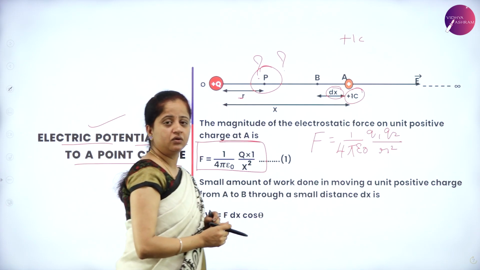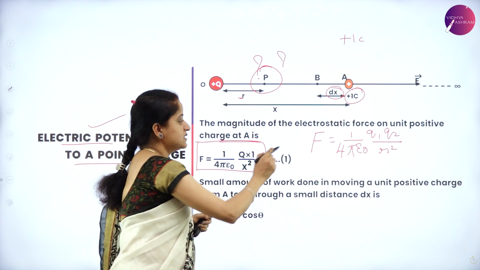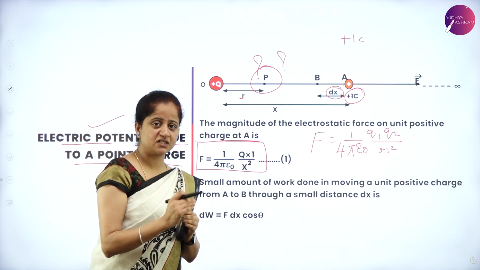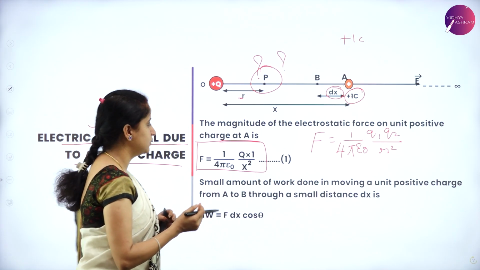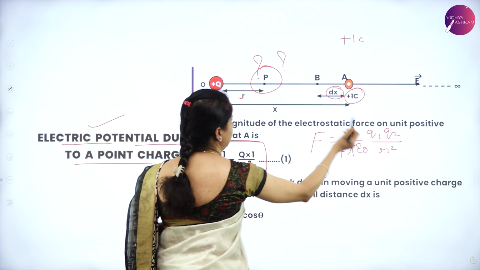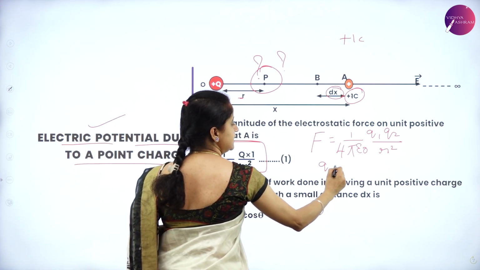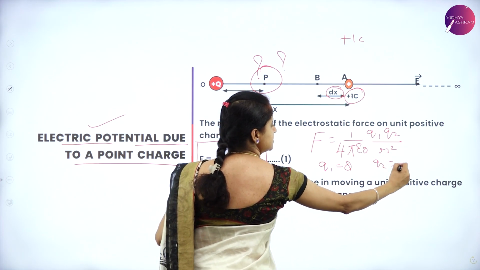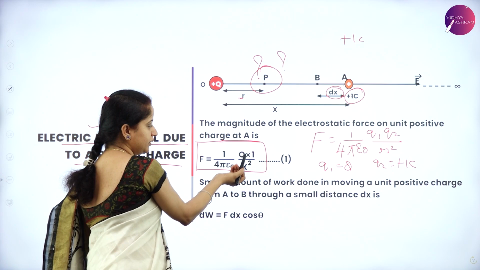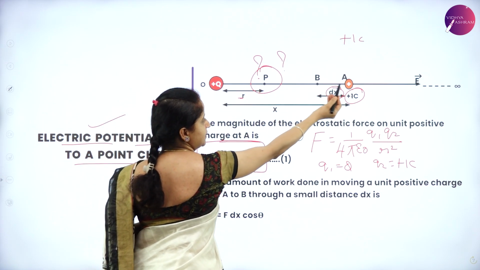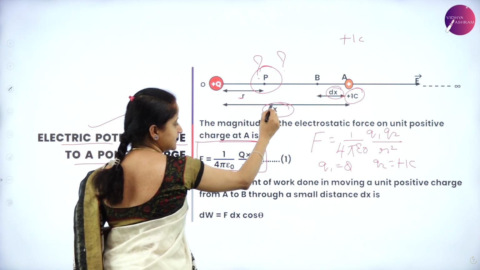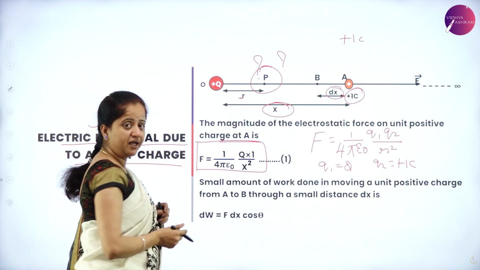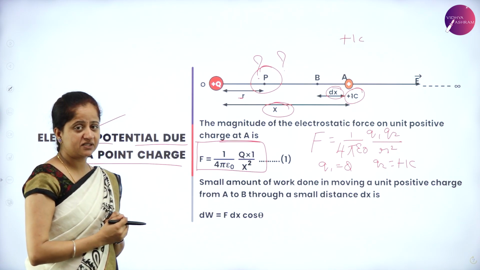Q1 and Q2 are the charges and R square is the square of the distance of separation between those two. Now Q1 according to this condition is plus Q, and Q2 is plus 1 coulomb. So here Q into 1, and the distance of separation between these two charges is x. That's why Q into 1 divided by x square, and this is my first equation.